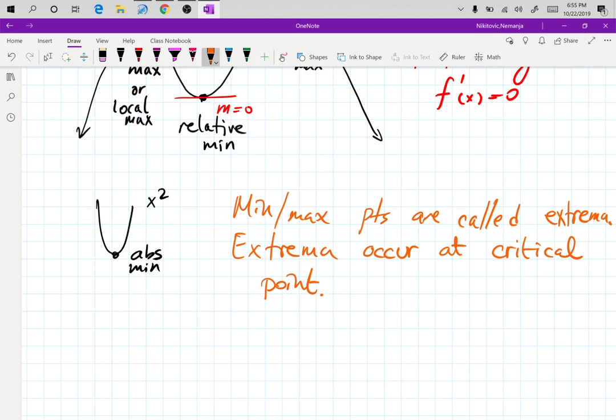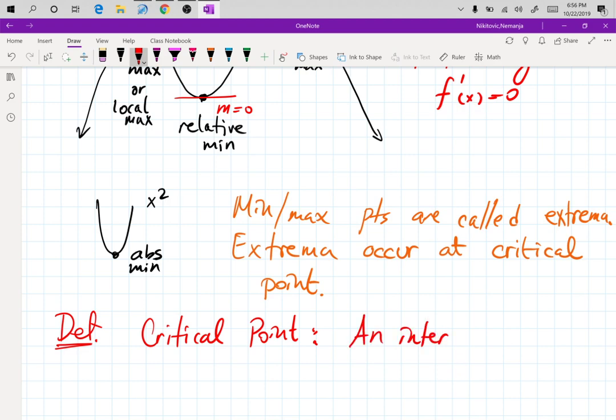I will follow the same wording as in the book. So, definition, critical point. Here we go.